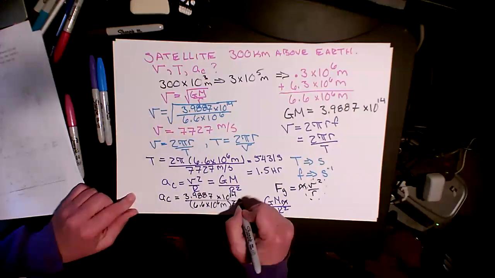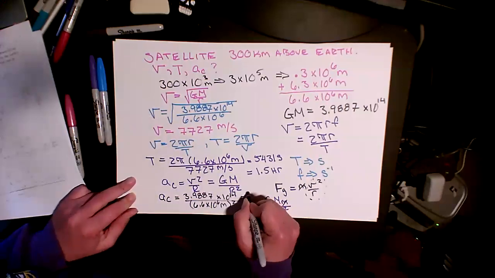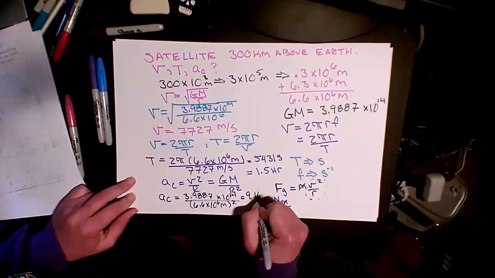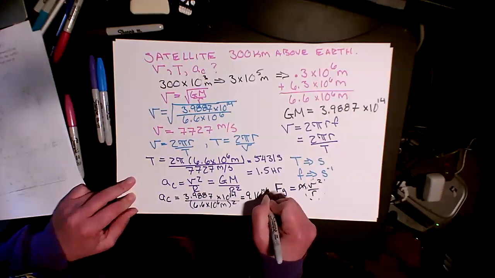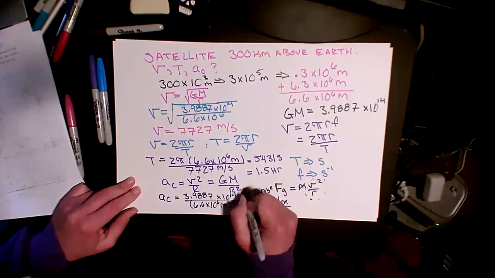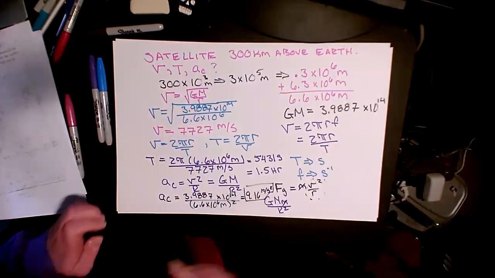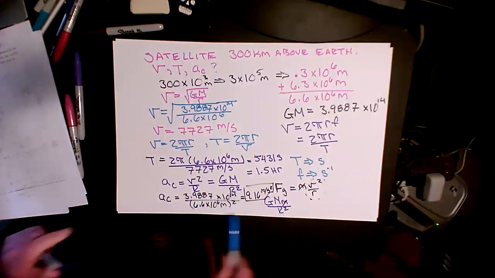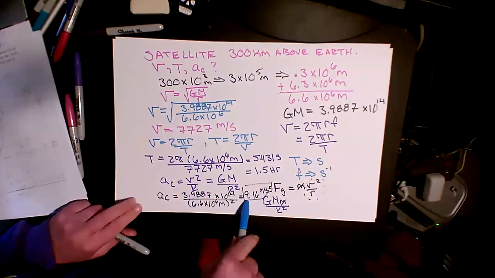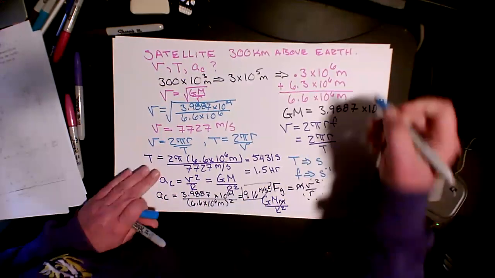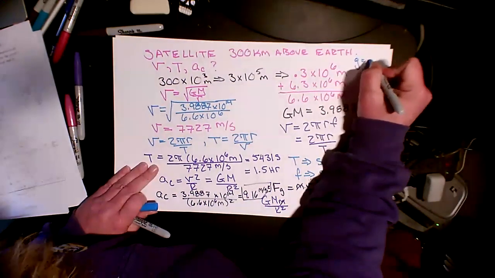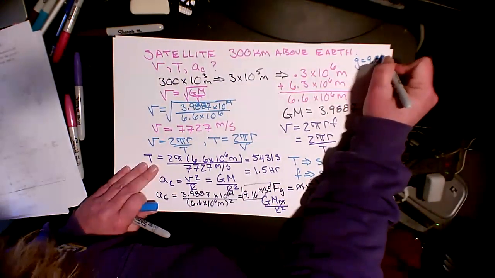And I get that a is 9.16 meters per second squared. So compare that to g. That's one of the things that Mastering Physics loves to do, asking what the ratio is between this acceleration and g on the surface of the Earth, where g is 9.8 meters per second squared.